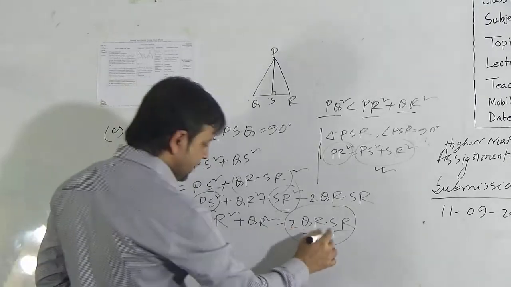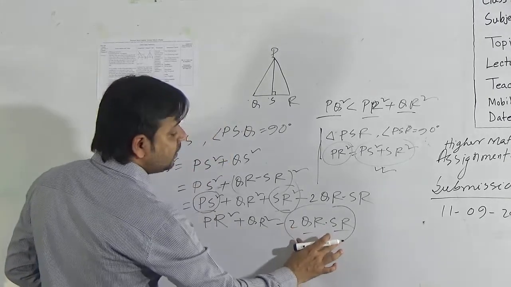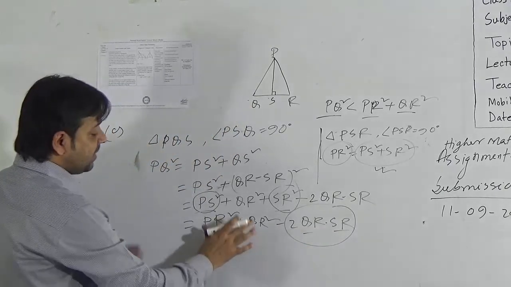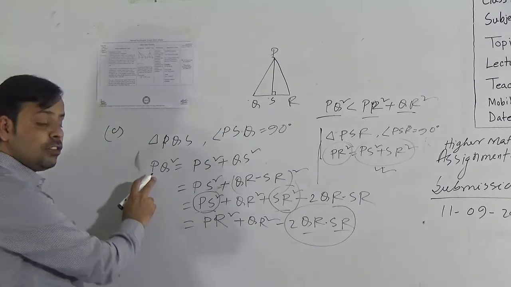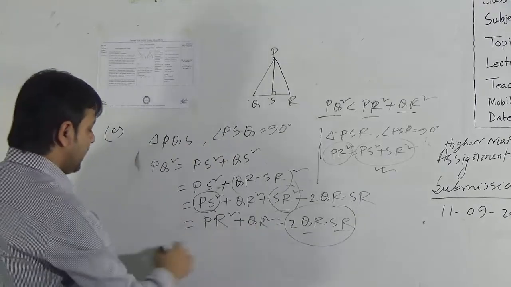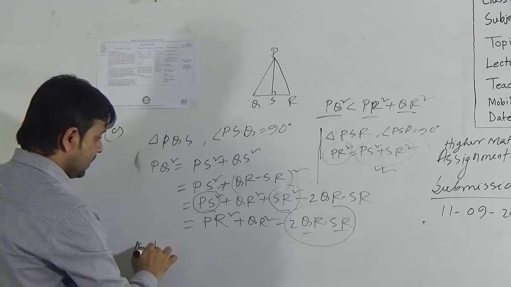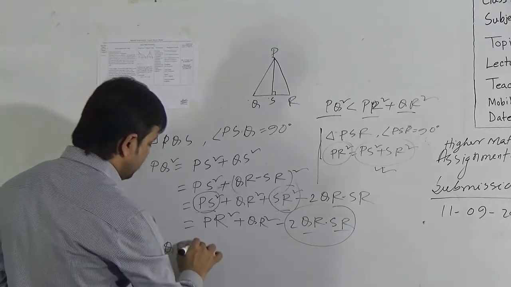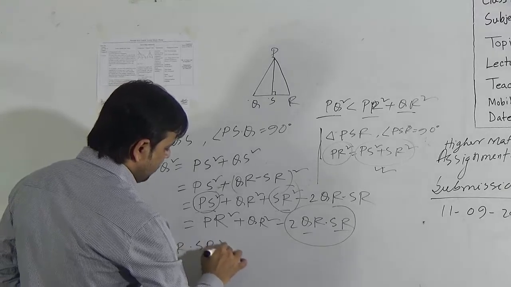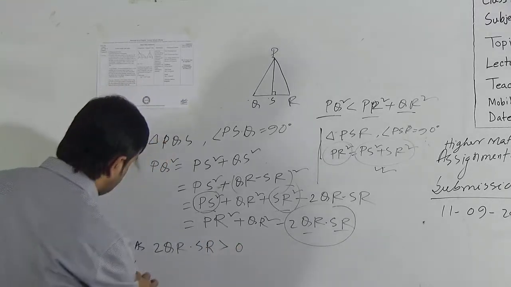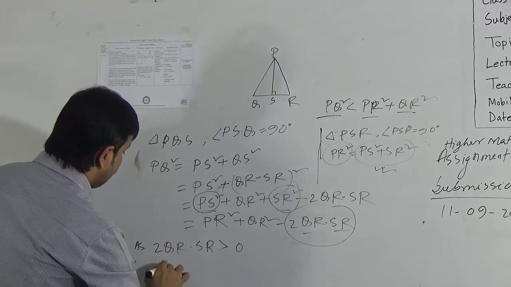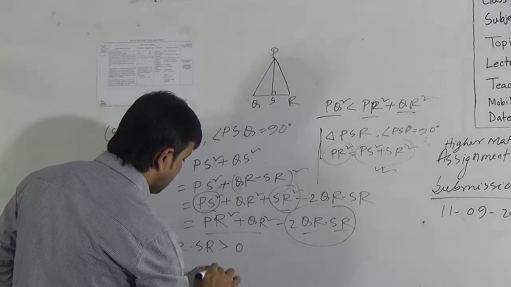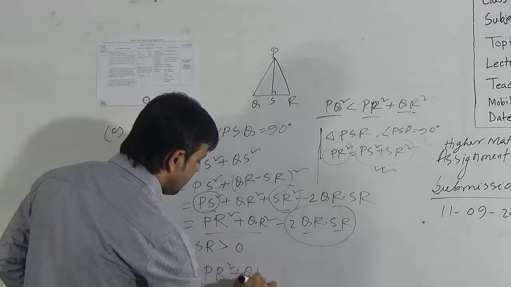Now as this is greater than 0, if we subtract this from this sum, this side will be larger and this side will be smaller. So we can write PQ square is less than the sum of these two, PR square plus QR square.